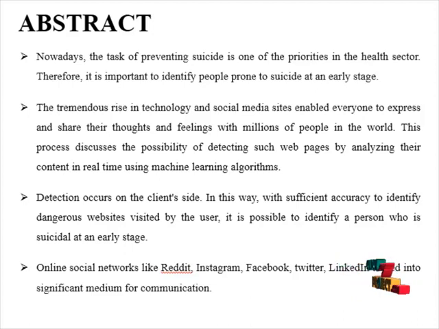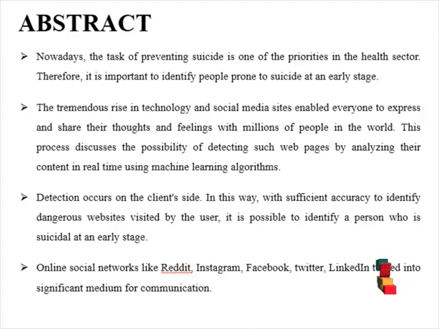This project discusses the possibility of detecting such web pages by analyzing their content in real time using machine learning algorithms. Detection occurs on the client side, in this way, with sufficient accuracy to identify dangerous websites visited by the user. It is possible to identify a person who is suicidal at the early stage.